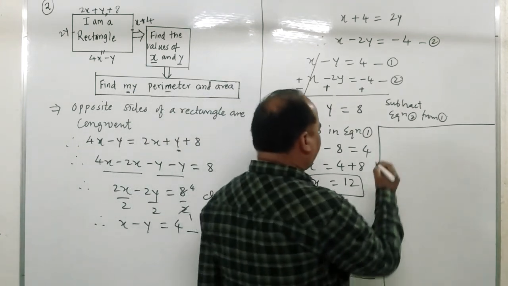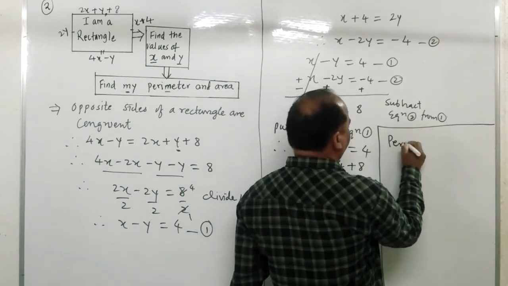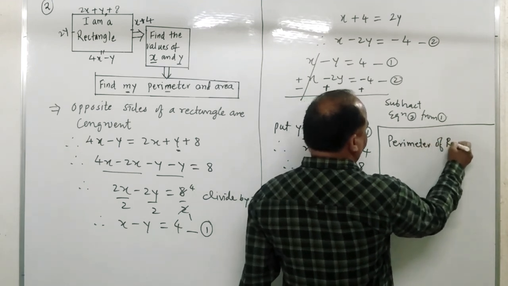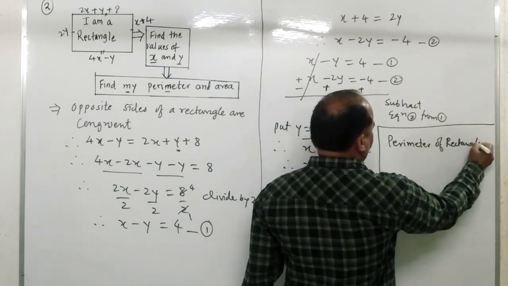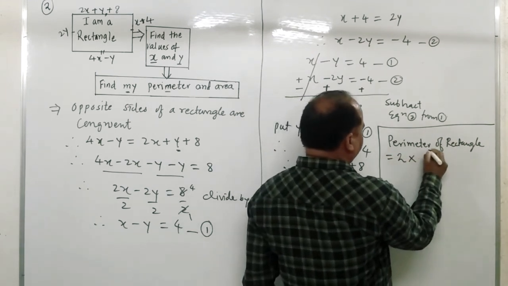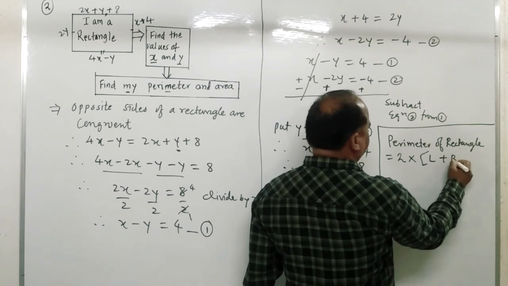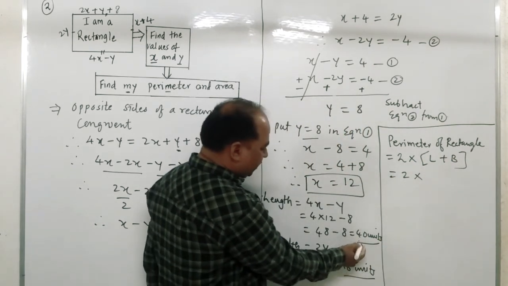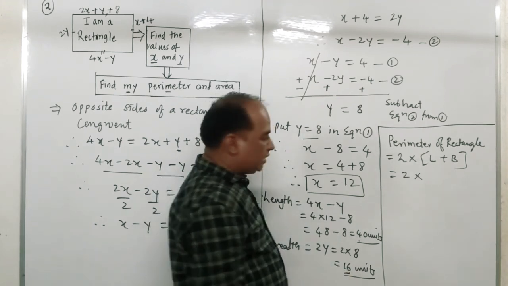Hence, the perimeter of the rectangle. We know the formula to find the perimeter of a rectangle is 2 into (length plus breadth). So 2 into (length of the rectangle is 40 and breadth is 16).